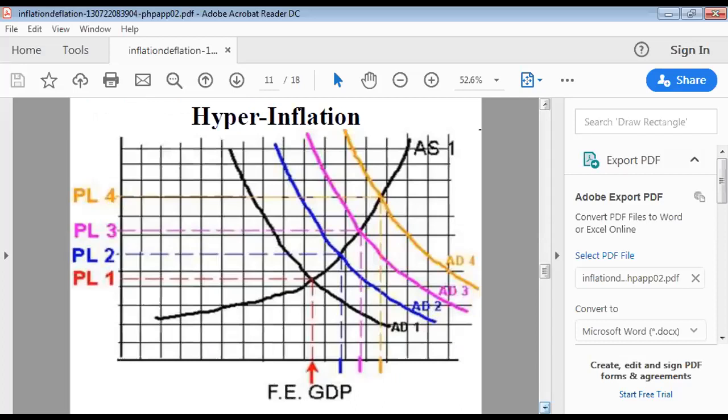Because it is hyperinflation, it continues to shoot the price up, up, up from PL2, PL3 to PL4 until the economy will totally break down, because the price will be unbearable. People will not even have money to buy again, and everything will actually lead into depression, because this will be out of recession if it is not checked on time.